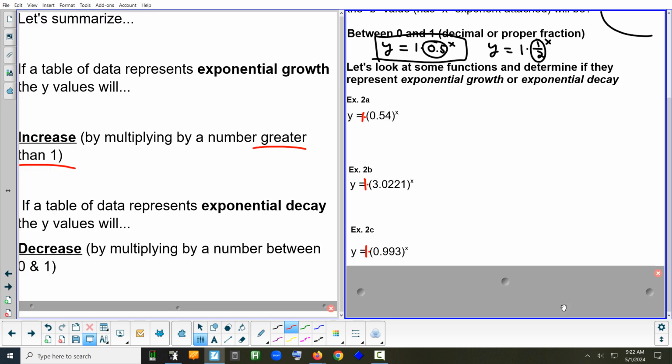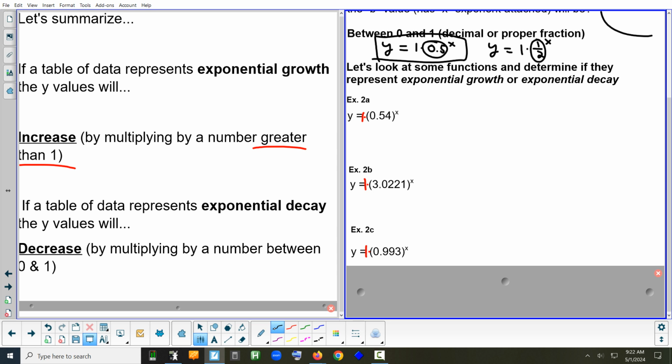Okay, so looking at the first one. Well, first of all, looking at all of them. What's the A value in every one of them? 1. Yeah, you're not looking at the A value to determine if it's growth or decay. You're looking at the B value. Okay. So what's the B value in example 2A? 0.54. Okay, 0.54.